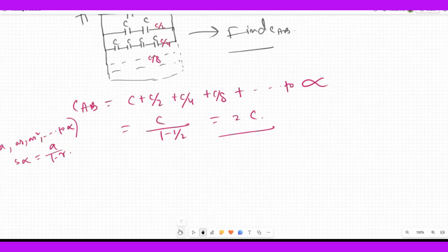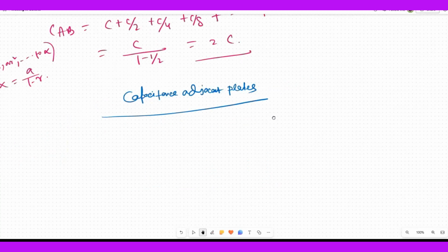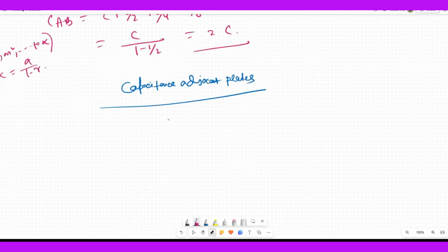Now we are going to discuss capacitance of adjacent plates. If many plates are given in this manner, kept side by side like this, they are all equidistant, they are of the same size, you have taken n plates this manner.